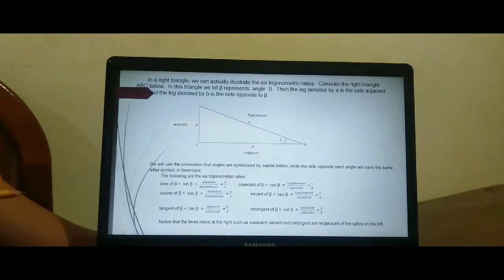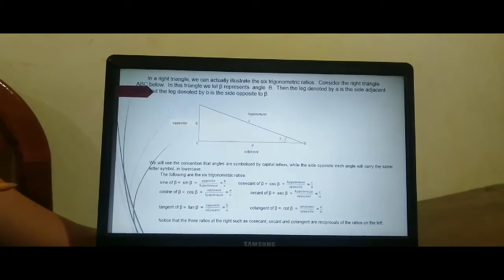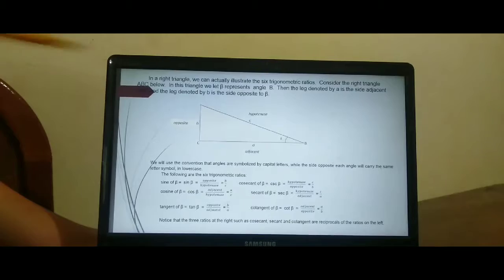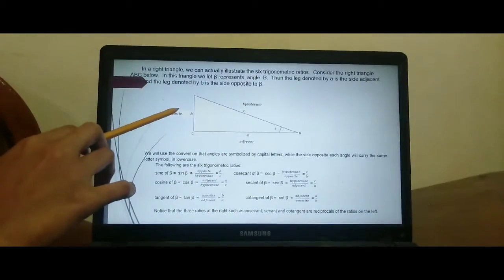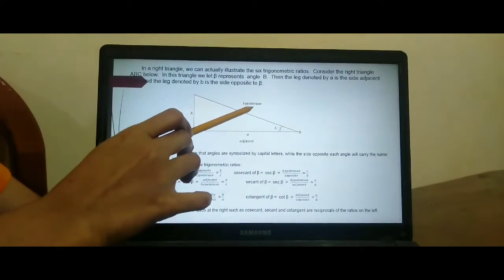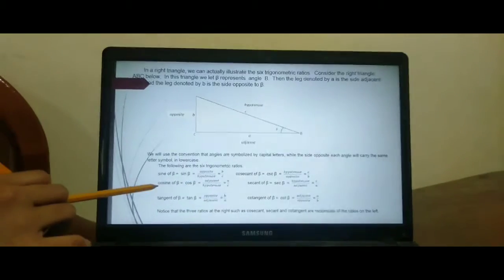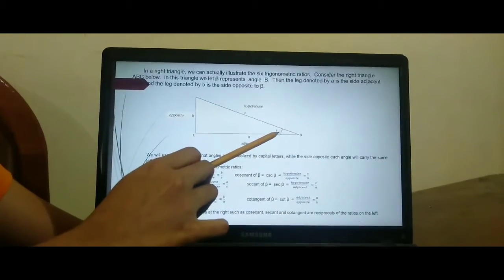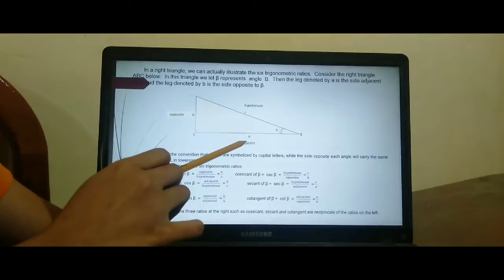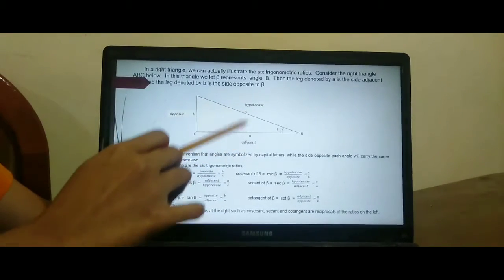The following are the 6 trigonometric ratios. First is sine of theta, which is equal to opposite over hypotenuse, so we have b over c. Next is cosine of theta, adjacent over hypotenuse.